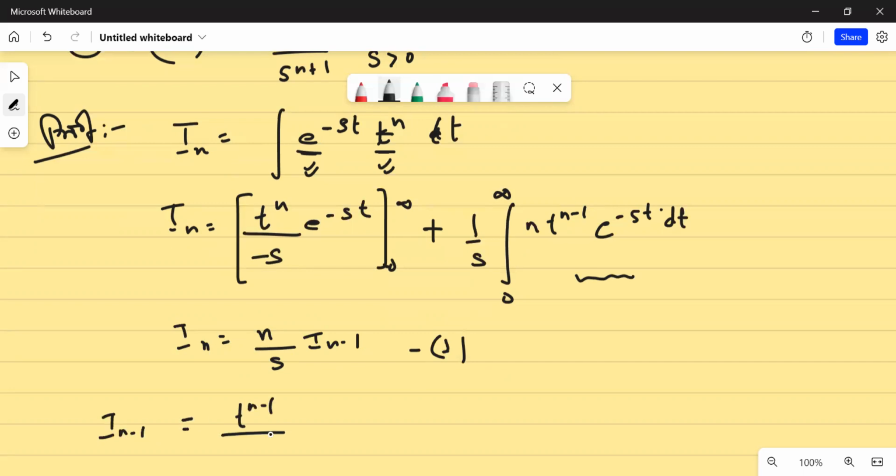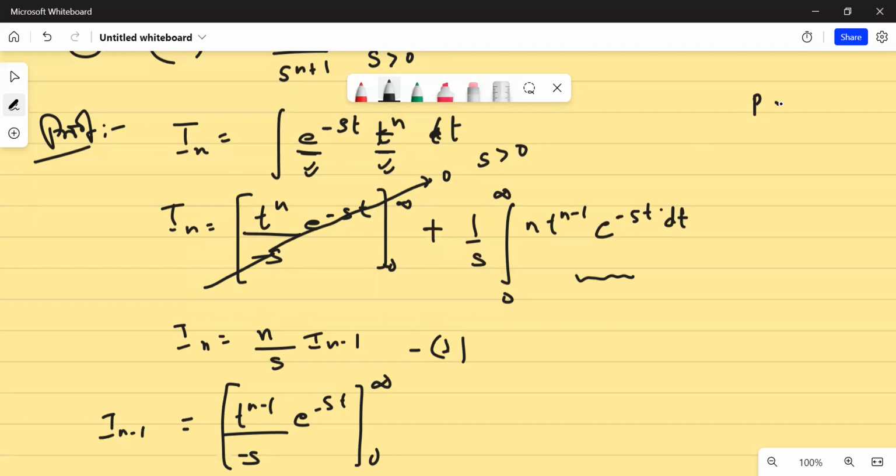It will be t to the power n minus 1 divided by minus s, times e to the power minus st, from 0 to infinity. You can clearly see that for all s greater than 0, this term goes to 0. Always remember, whenever there is a polynomial term and an exponential term and one asks the limit as x tends to infinity, it will always be 0. The exponential's rate of growth is far greater than any polynomial's.